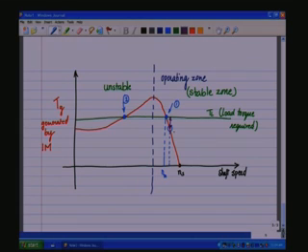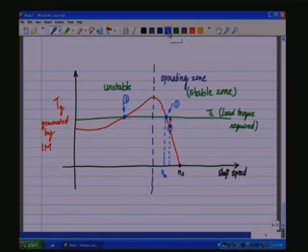So therefore the motor will try to stall and the speed will start coming down. As the speed starts coming down, the operating point shifts from here to this point again, which brings it back to the stable operating mode.